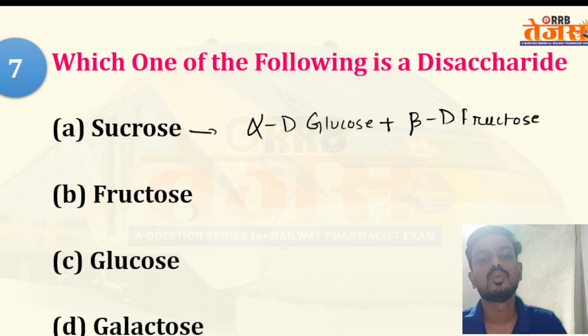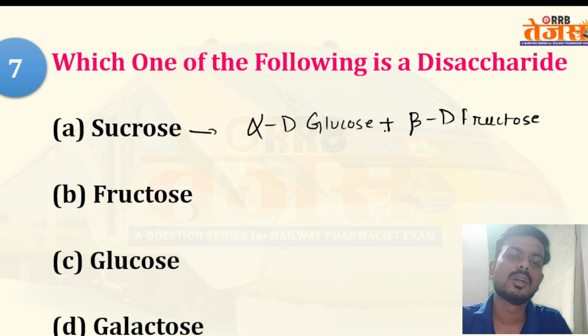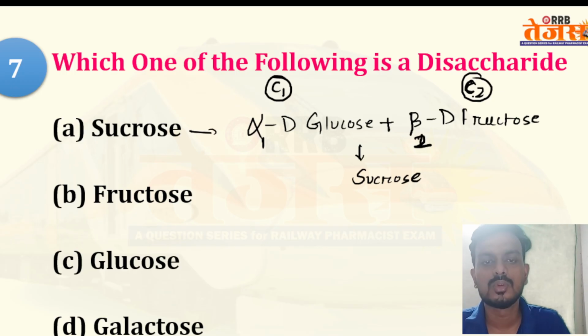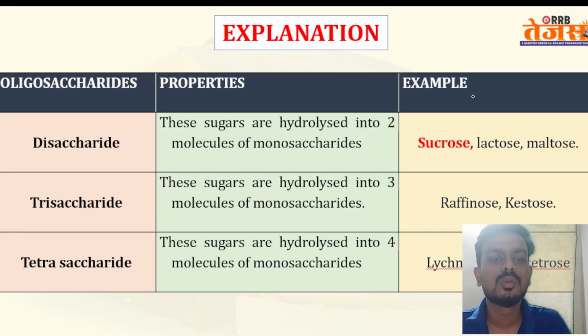When these two combine, we get sucrose. If asked about the position, it is alpha 1, beta 2. If asked about the carbons, it is C1 of glucose and C2 of fructose. Okay, next question.